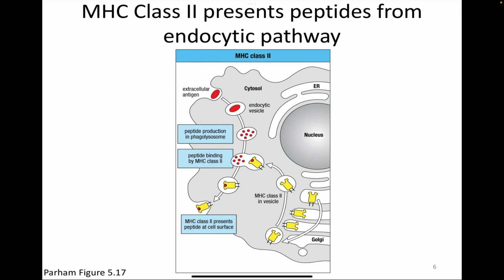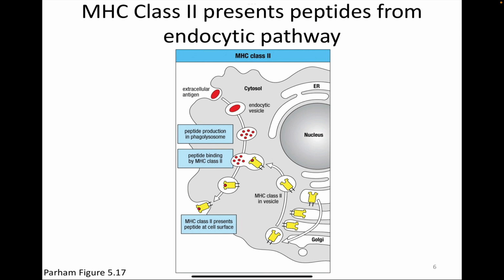And there are similarly going to be some steps that you're like, that is a dumb step for class 2. And it totally is, but it's interesting for class 1. So the first thing that we can think about is how exactly proteins get into this endocytic pathway, how we acquire the antigens.